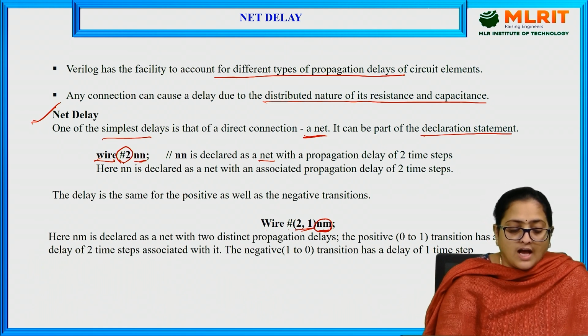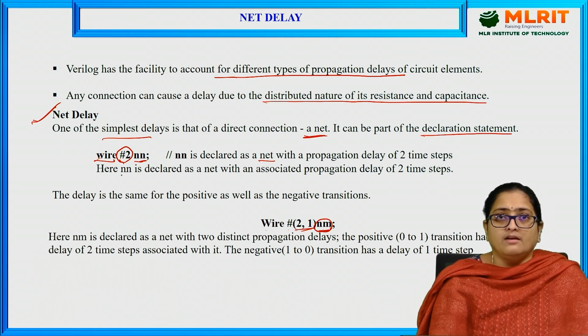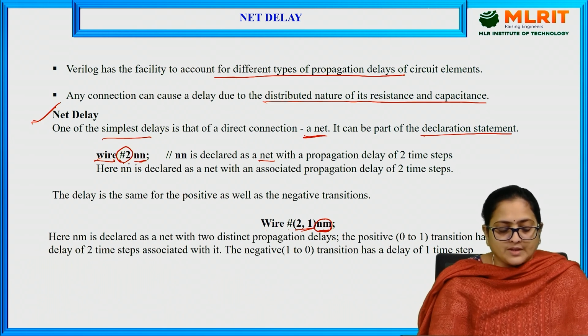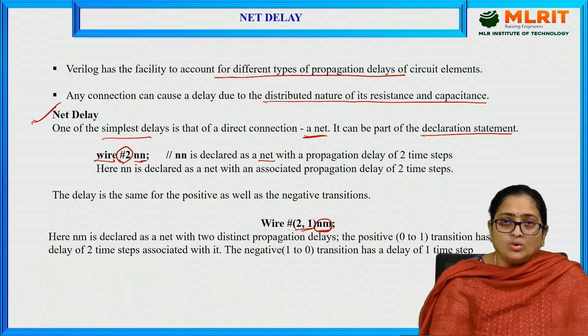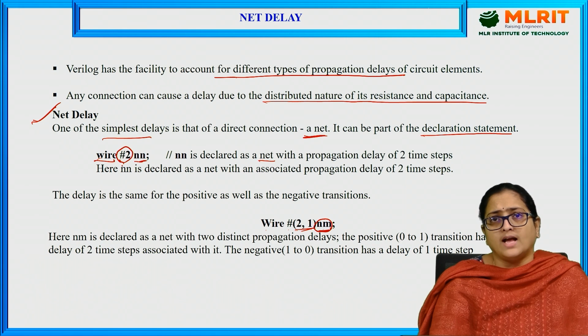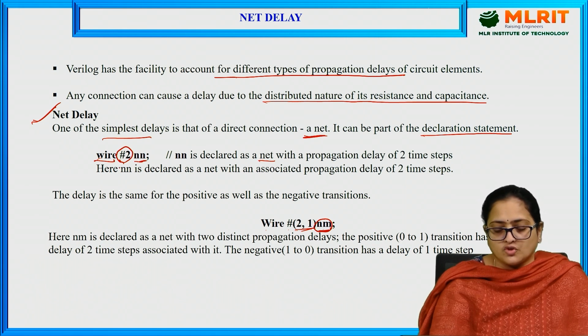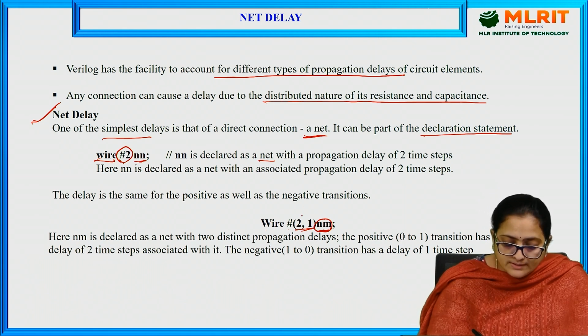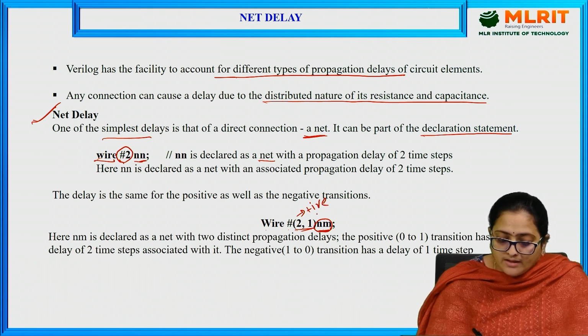Here, #2 is the propagation delay for both the positive as well as the negative transition. But here, this 2 is a delay for a positive transition, and this 1 is a delay for a negative transition.